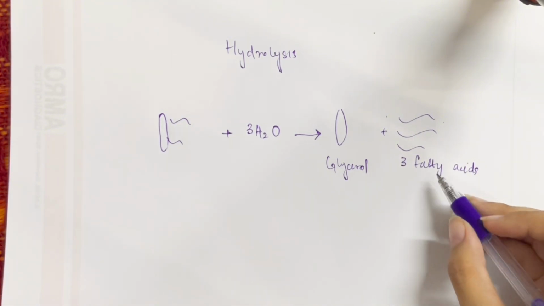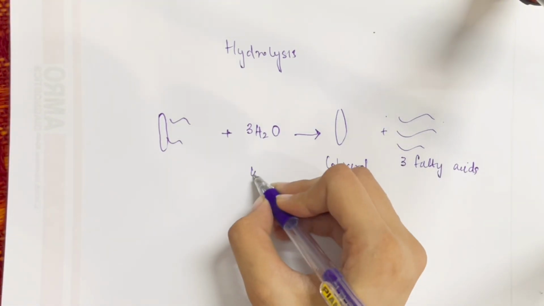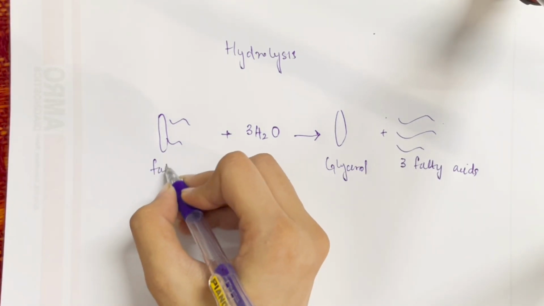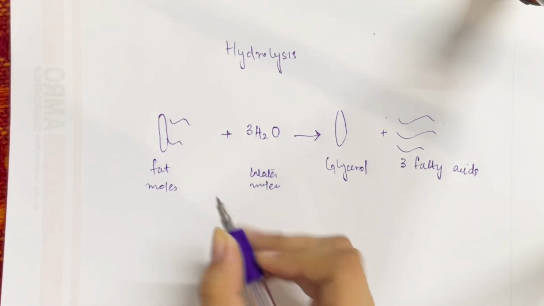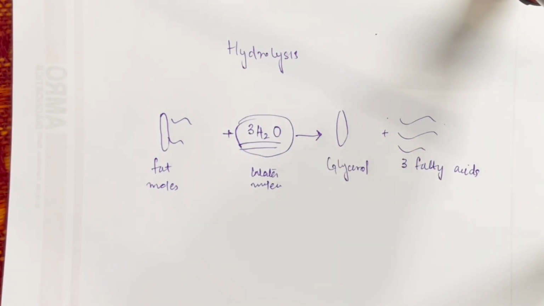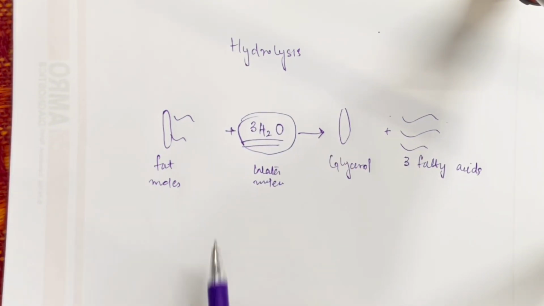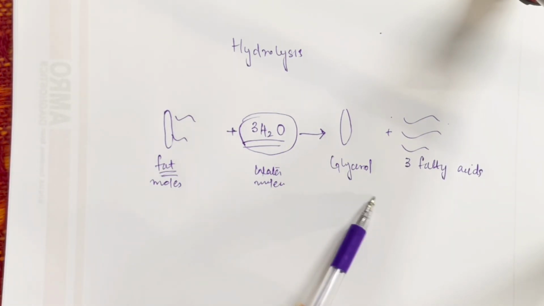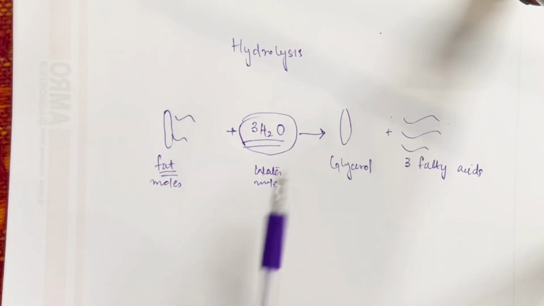So these are the three fatty acids. This is the glycerol, this is the water molecule, and this is the fat molecule. This is the process of hydrolysis in which water is involved in order to break down the fat molecule into glycerol and the three fatty acids. This involves the addition of water molecules and occurs very readily with an enzyme.